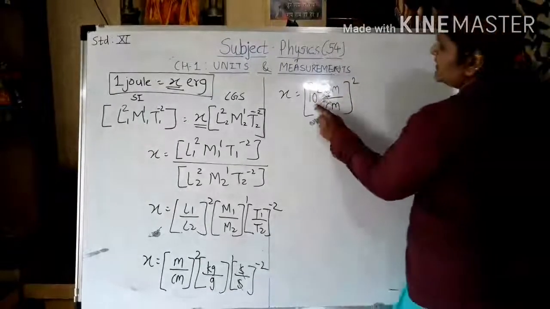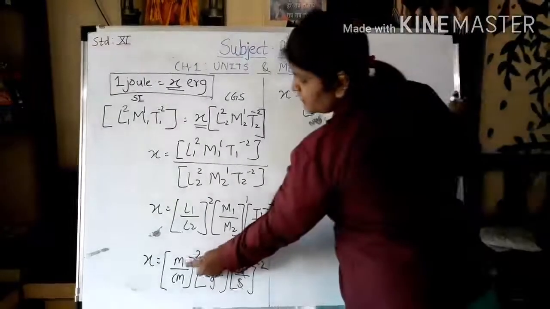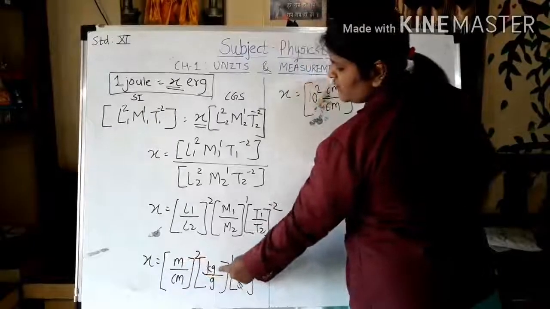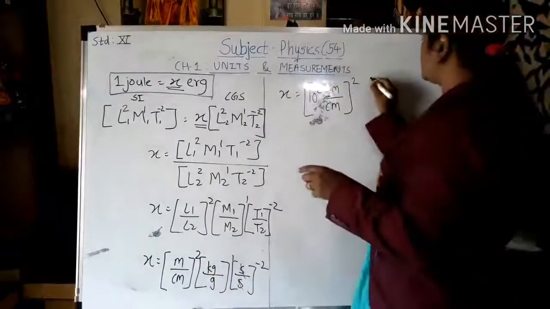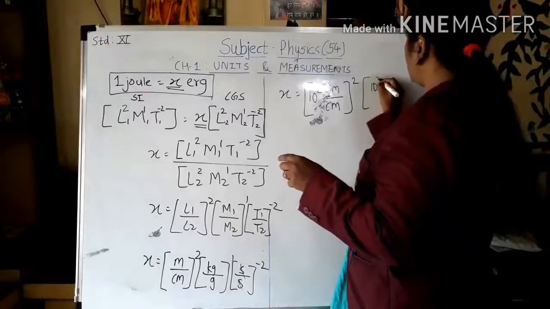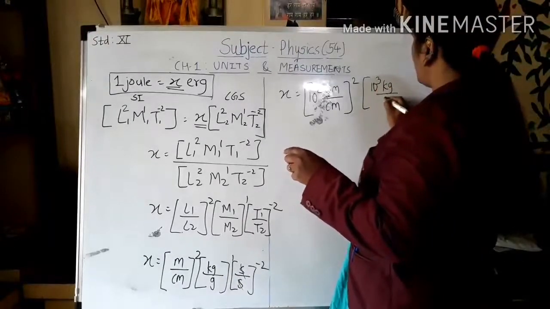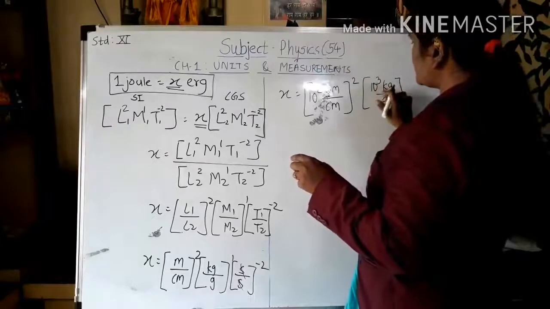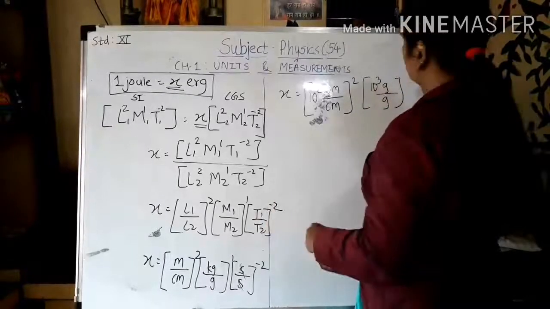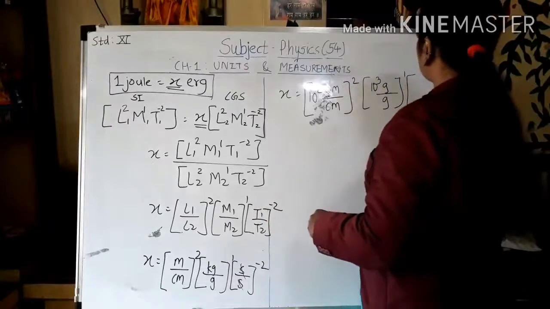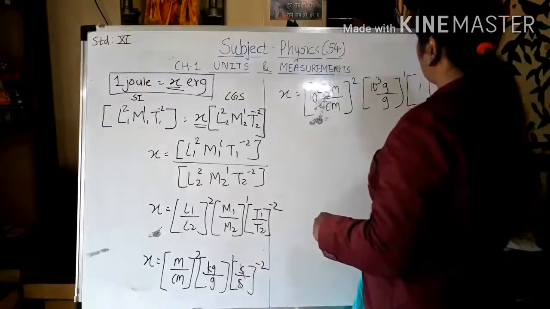In the same way, 1000 gram is equal to 1 kg. So I will write 10 cube gram upon kg. Is this kg? No, this should be gram. Raised to 1. And this is 1 raised to minus 2.